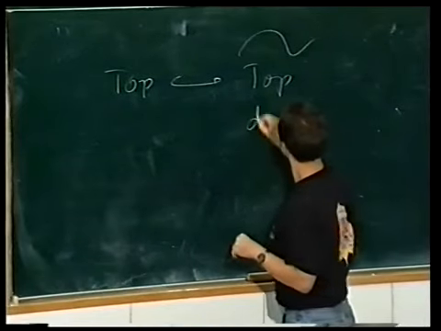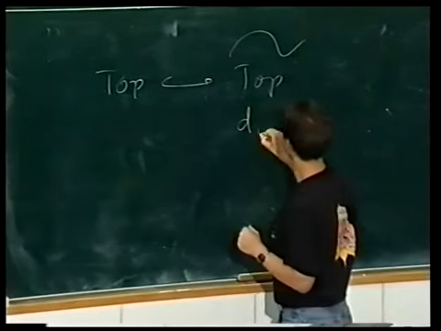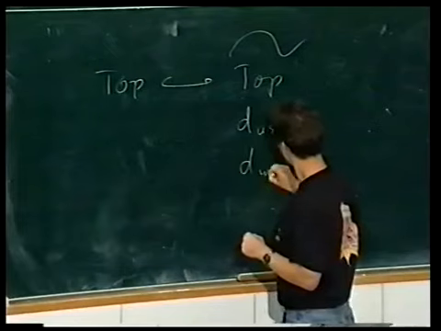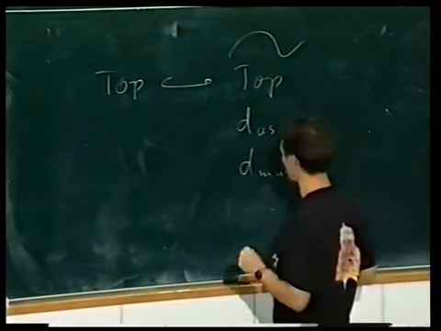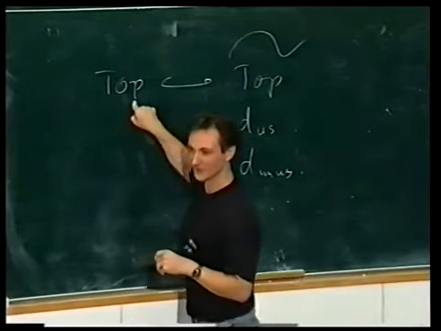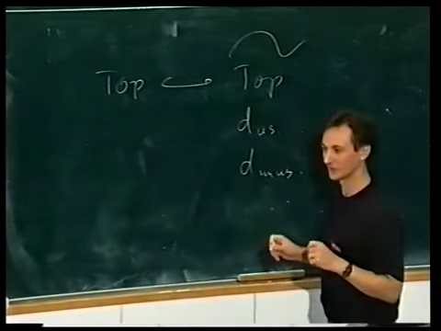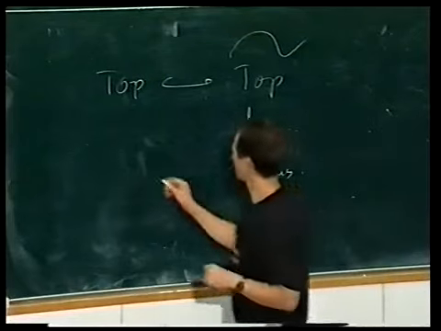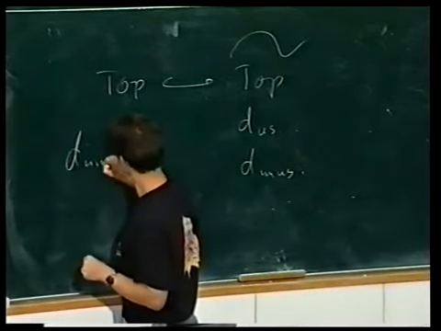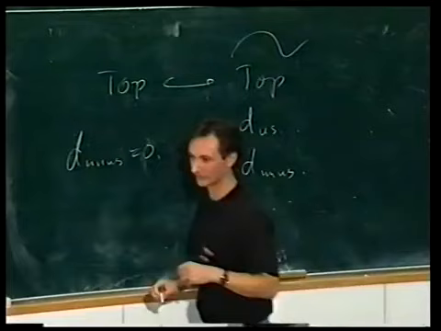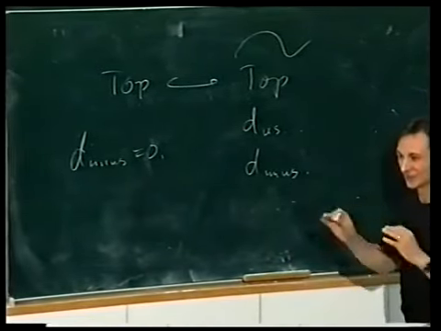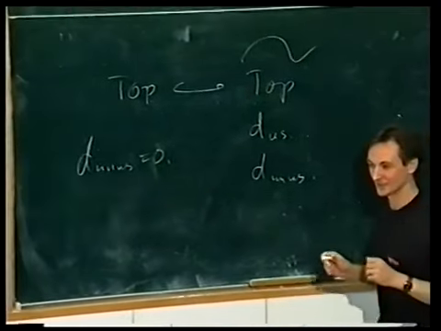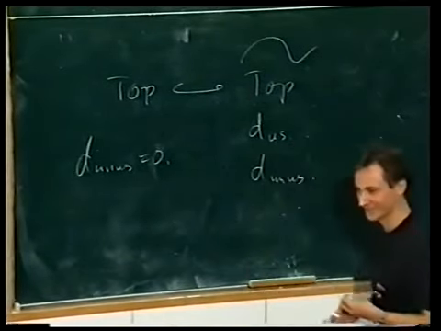Let's call it D usual and D unusual. And usual topological spaces are exactly the spaces of unusual dimension equal to 0, D unusual equals 0. And in this world, there would be a total symmetry between smoothness and compactness.